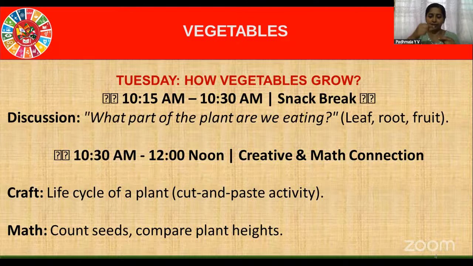The seed has to be planted, then the soil has to be put on it. It is all about the germination of seeds, the life cycle of a plant, one after the other, one by one. Pictures can be pasted and taken home so that they will explain the same to their parents.